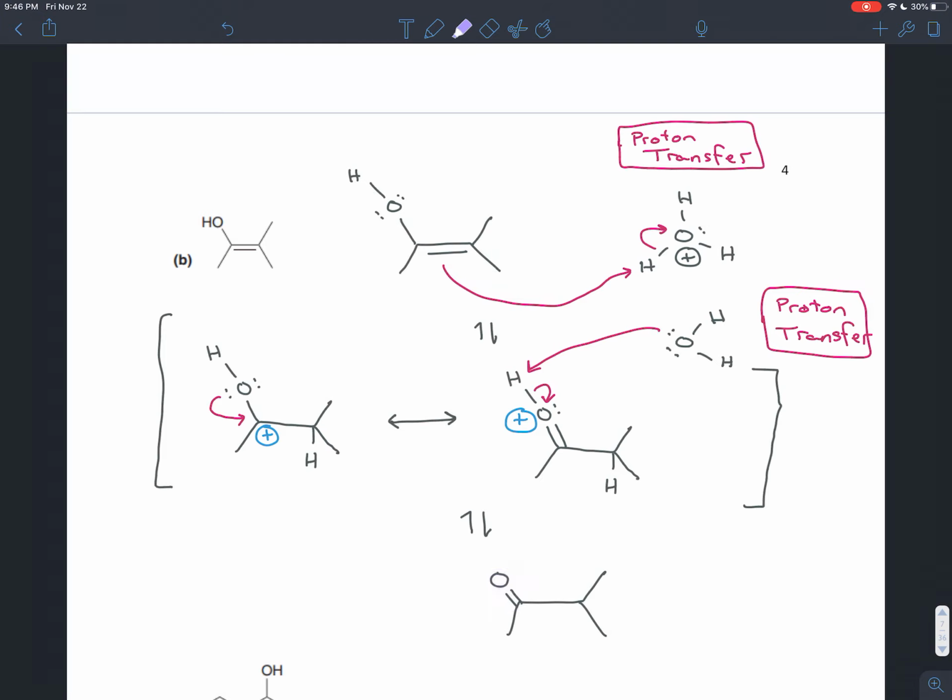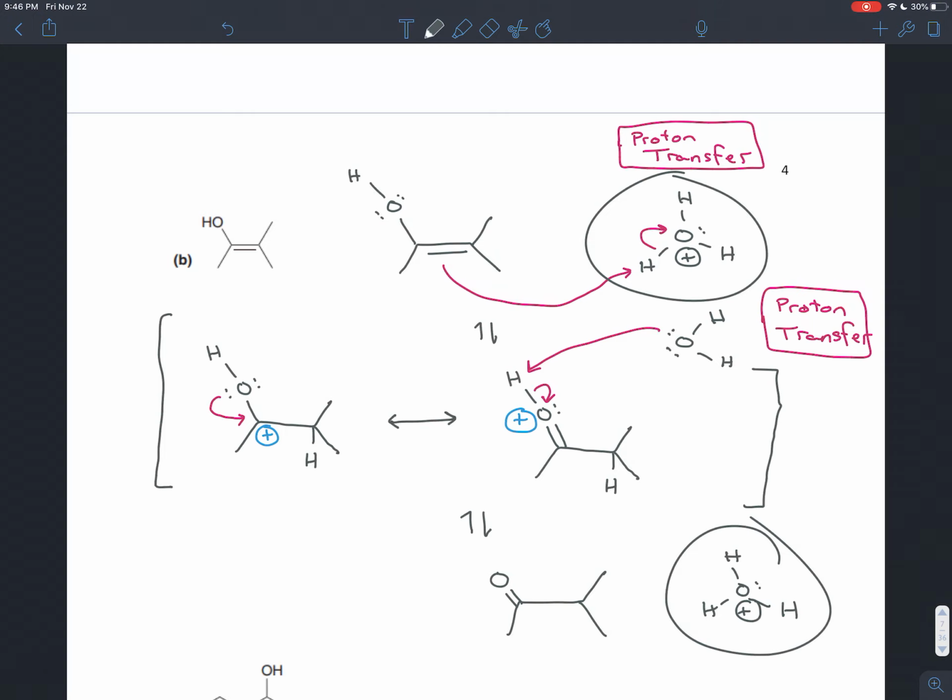One other thing you might notice is that this water, after it accepts this H plus, turns into H3O plus. And so the H3O plus that you used at the very beginning is regenerated. And that's what makes it a catalyst. That's why this is acid-catalyzed.